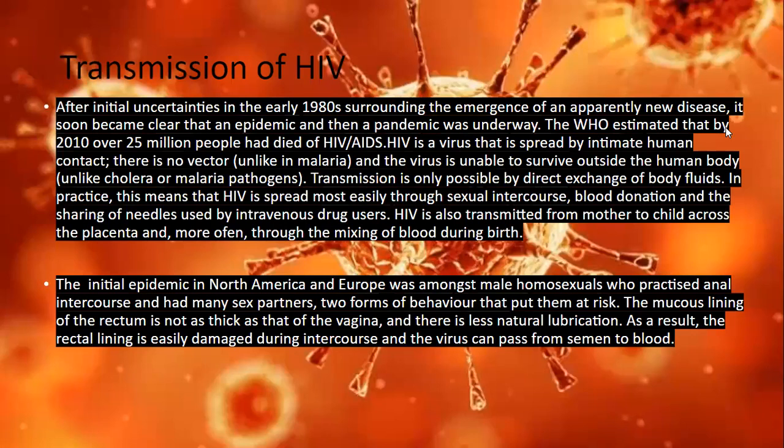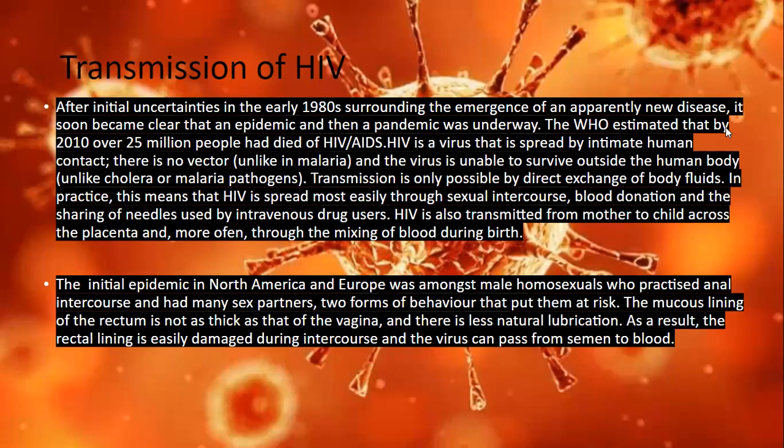And this is how HIV is transmitted. HIV is transmitted through a few ways, mostly in the bloodstream, but most importantly through sexual intercourse. In the 1980s, in North America and Europe, HIV was very epidemic amongst male homosexuals who practiced anal intercourse and had many sex partners.